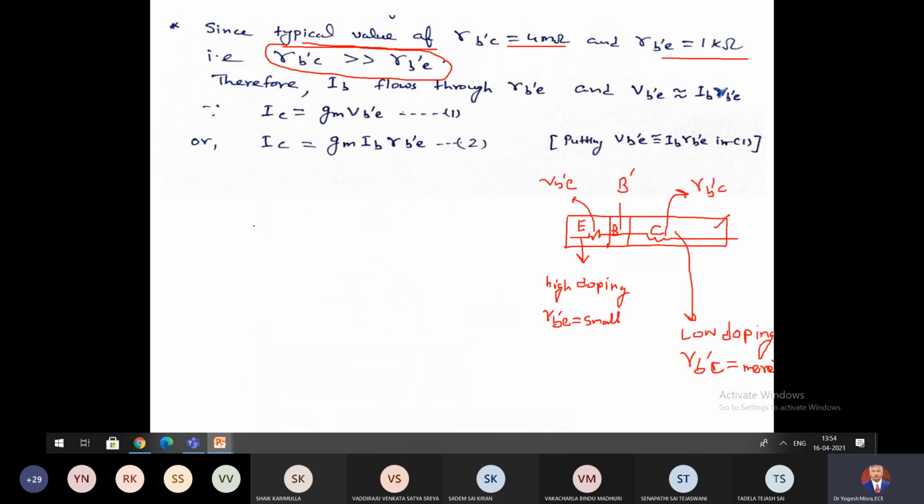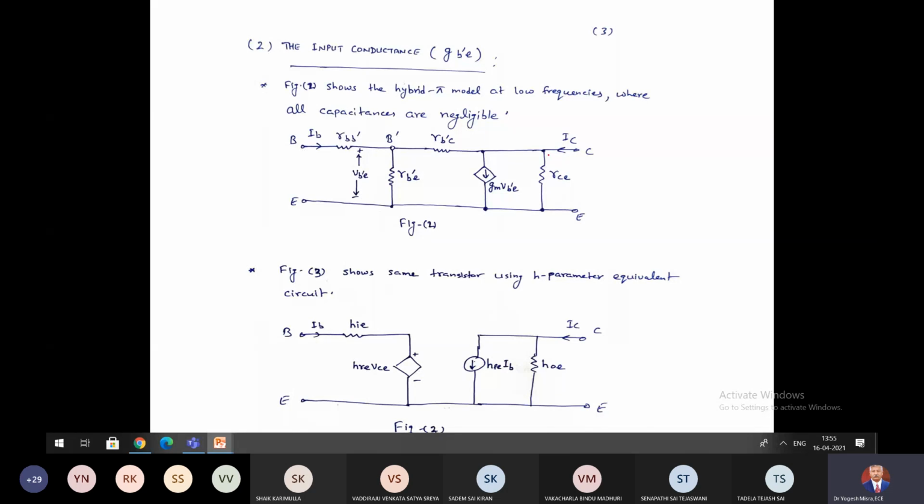So same thing I have written here. Since RB'C is greater than RB'E, therefore IB flows through RB'E, right? And if IB flows through RB'E, this means through here our IB is flowing.